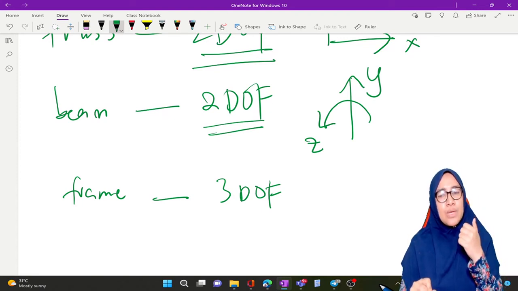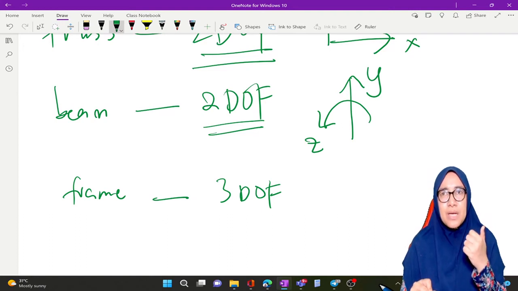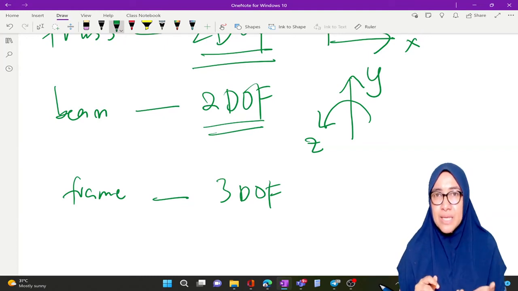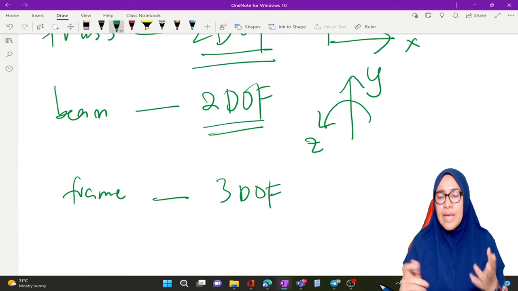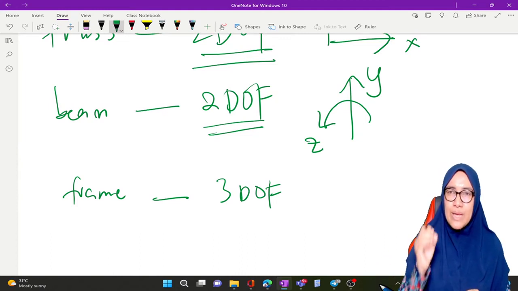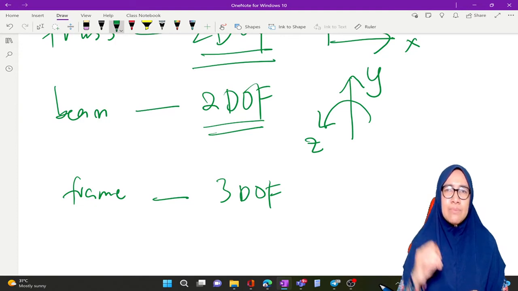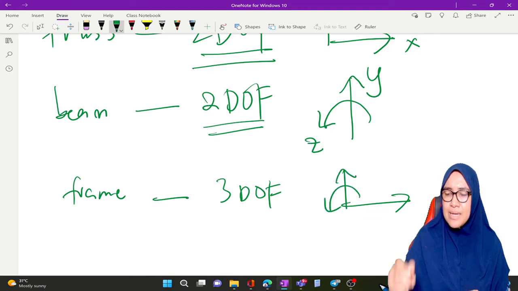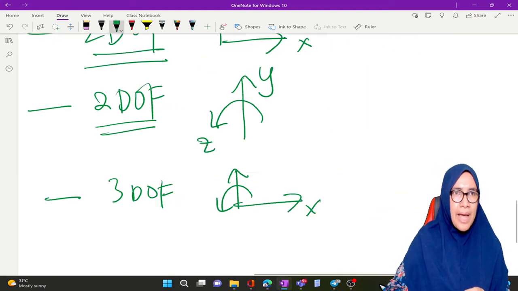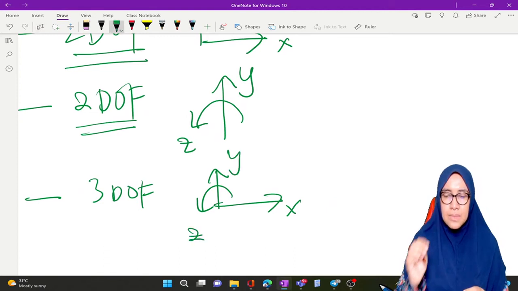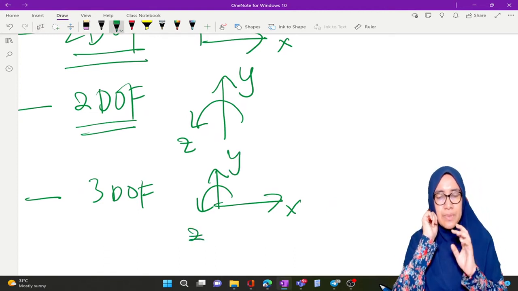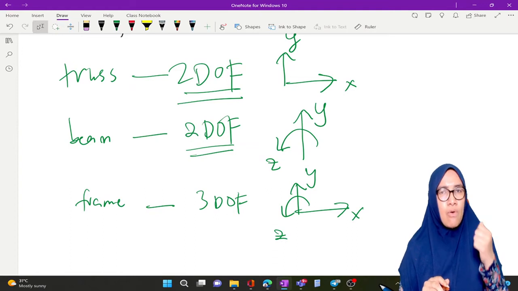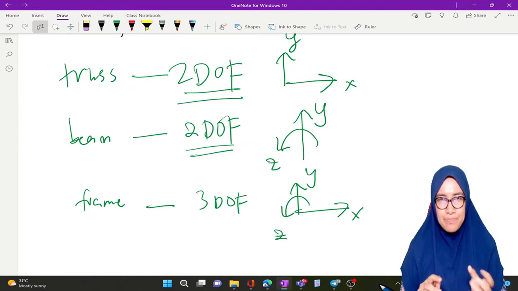We can have a moment in frame because under frame we can apply fixed support, and fixed has moment. So that is why under frame we have to count degrees of freedom equal to 3: in X direction, in Y direction, in Z direction. X, Y, and Z. So this is the degrees of freedom for truss, for beam, for frame.